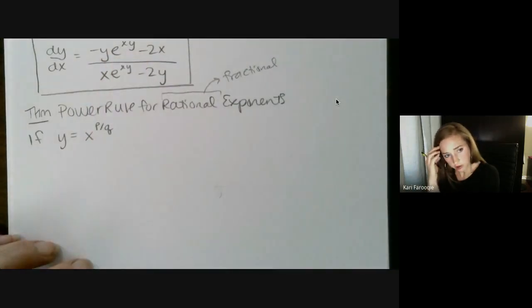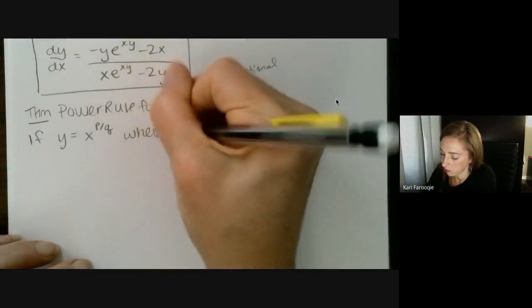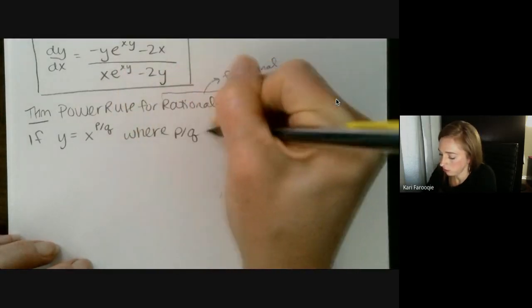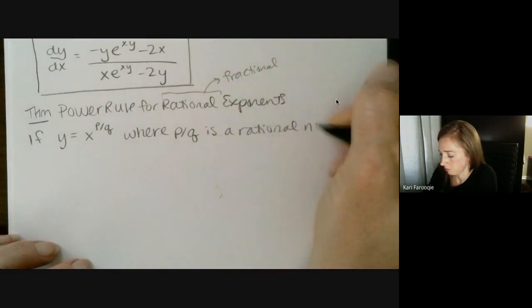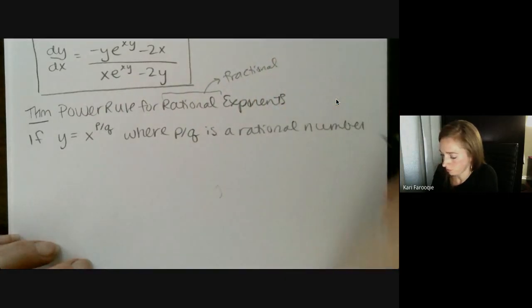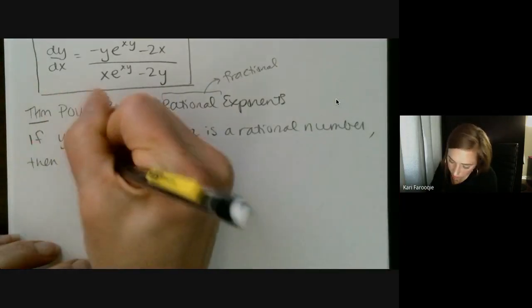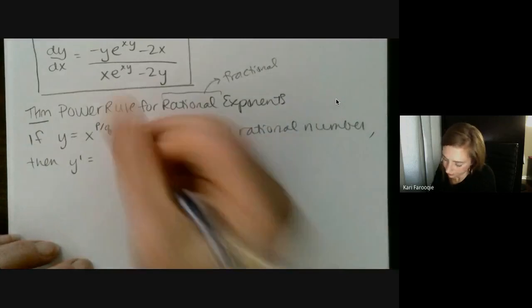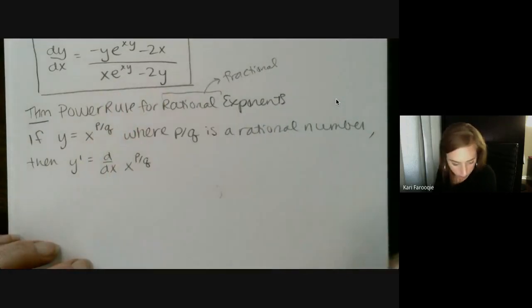If y equals x to the power p over q, where p over q is a rational number, which means it can be written as a fraction, then y prime is equal to the derivative with respect to x of x to the p over q.